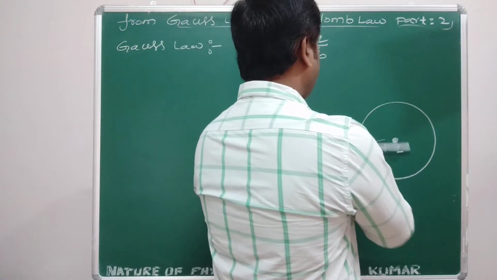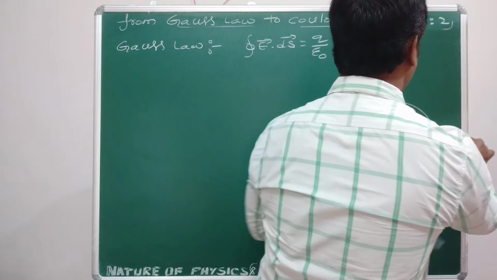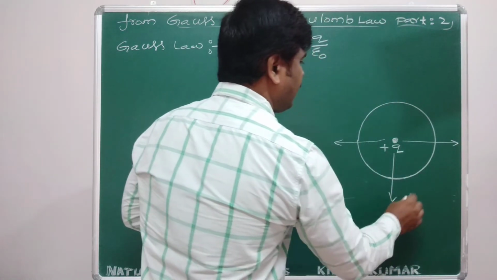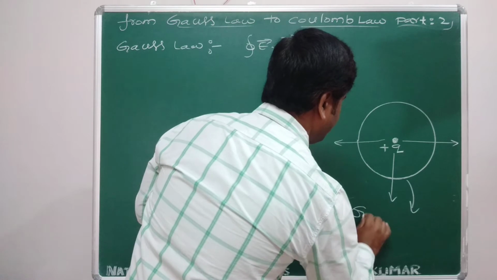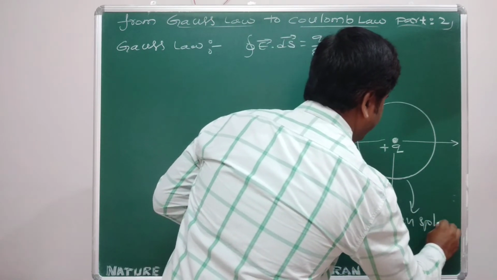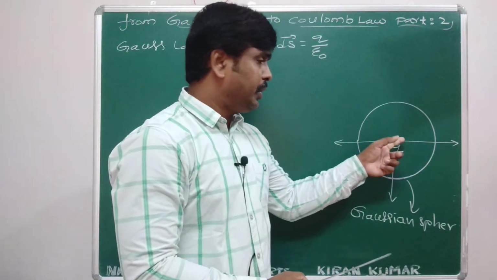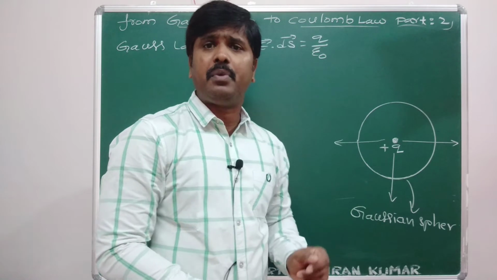For this we are considering the Gaussian sphere. In Gauss law, around the charge we assume a Gaussian sphere.